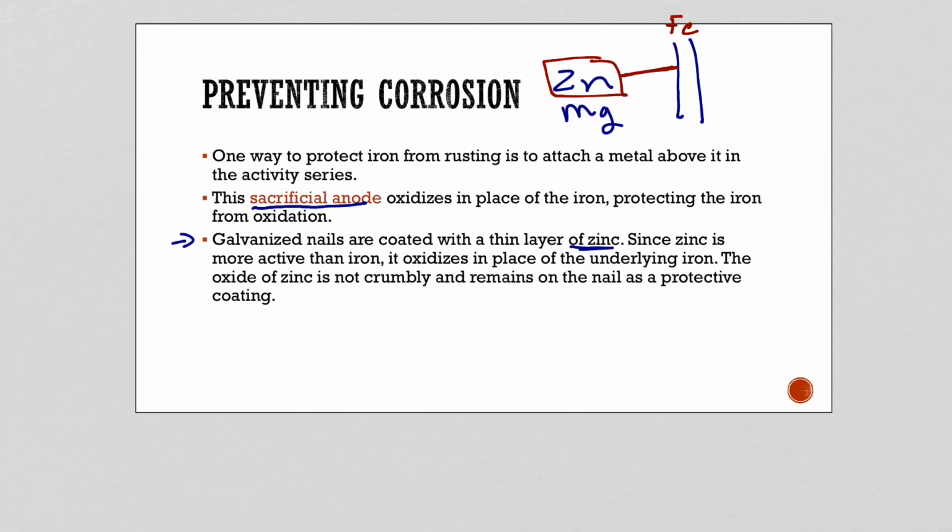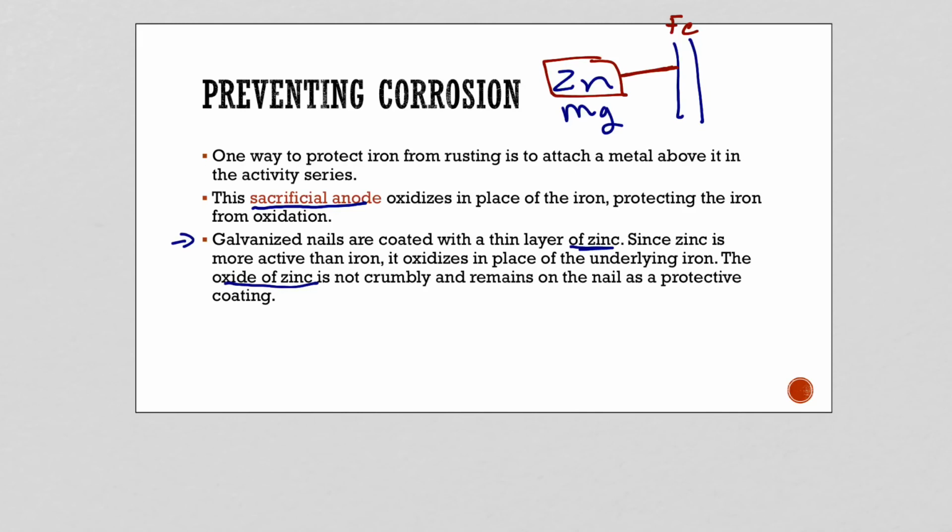And since the oxide of zinc is not crumbly, once the zinc initially oxidizes, it really doesn't oxidize a whole lot more. So that zinc coating doesn't wear away really fast, right? It's pretty resistant. So you get all kinds of nice protection by simply coating your iron nails with a layer of zinc, especially when we're going to use these in outdoor construction, where they're going to be exposed to the elements.